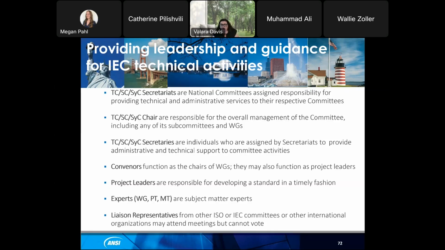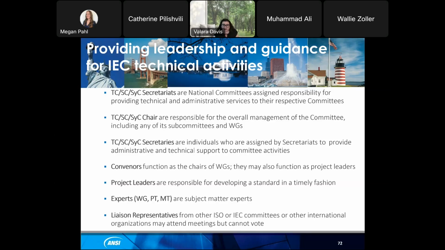There's also the chair role. So when is it advantageous for the U.S. to take on a chair role of one of these committees? They're responsible for the overall management of the committee, including any of the subcommittees and working groups within that structure. Then the secretaries of the technical committees, subcommittees, and systems committees are the individuals assigned to actually do the work and provide administrative and technical support within the committee's activities.